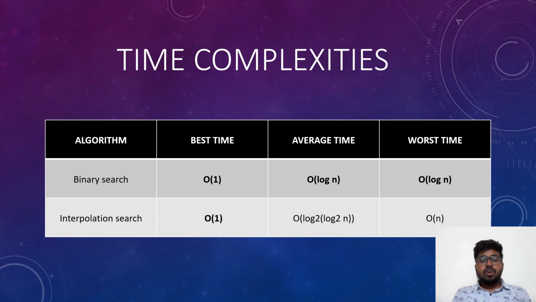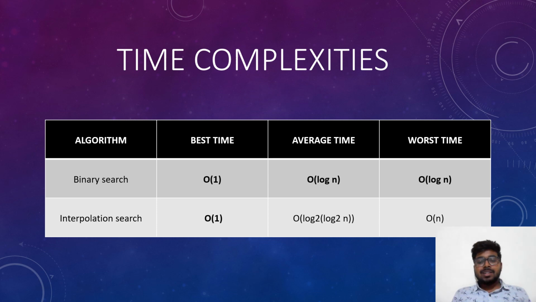Big O of 1 time complexity occurs if and only if the middlemost element of the array is the key element. So as binary search and interpolation search first start with the middle element, we can say that their best time complexities are big O of 1.